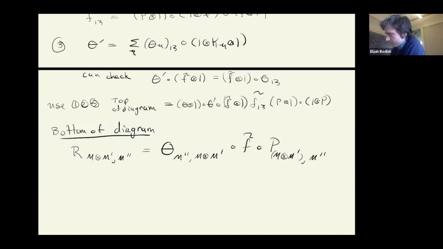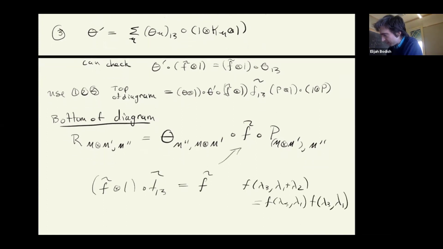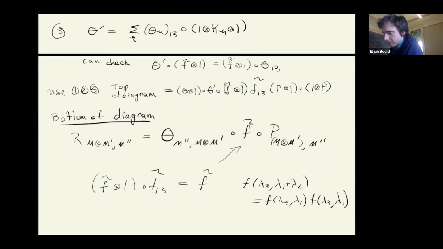Sure. And perhaps everybody can do it on their own. Okay. So I'll just write what we need. We just want f̃ ⊗ 1 of f̃_{13} equal to this new f̃. And that it follows from this equality, where the f of λ is the pairing of the weights.